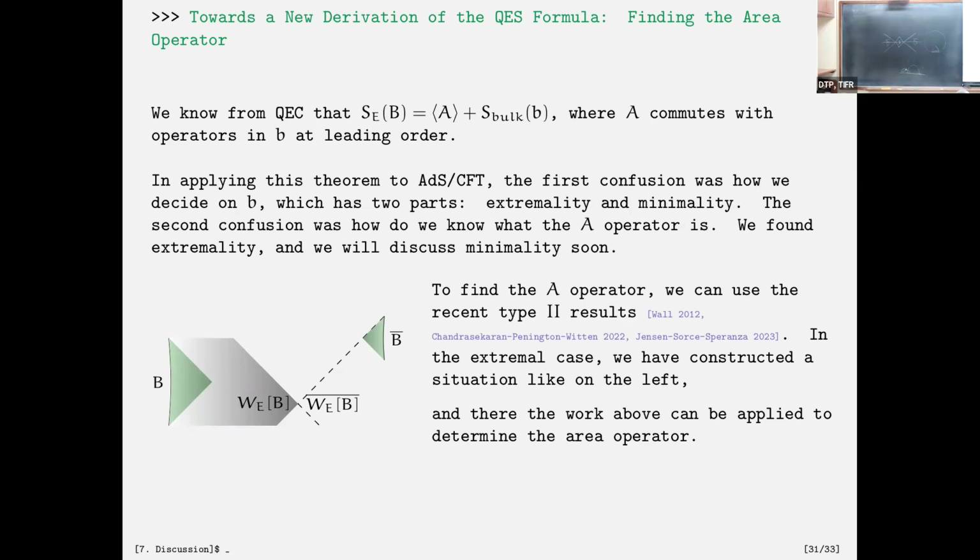This is exactly the situation where you can go back to perturbative things and use a type 2 argument to argue that the areas determine the entanglement. So you get the area term, but you still don't have minimality.